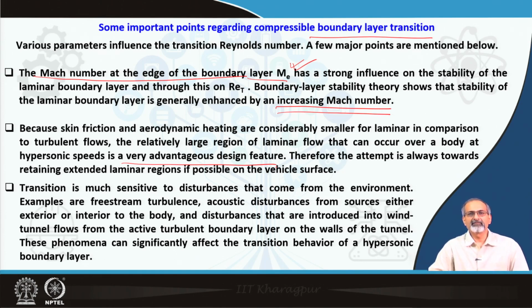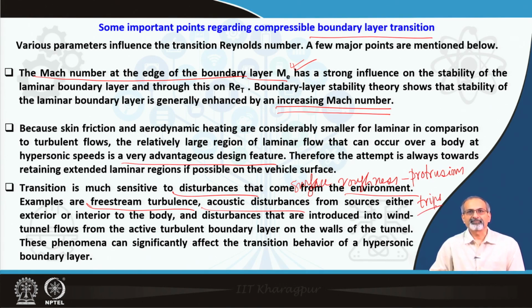Transition is very sensitive to disturbances that can come from its immediate environment. It could be free stream turbulence, it could be acoustic disturbances, it could be surface roughness, which includes some protrusions lying on the surface, which act as trips for the boundary layer, and disturbances that are introduced into wind tunnel flows from active turbulent boundary layers on the walls of the tunnel.